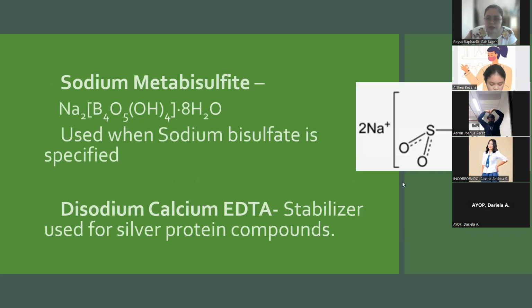Okay? Sige. And then we have sodium metabisulfite, or sodium bisulfite, the sulfite class. So what is this for? Sodium metabisulfite, this was mentioned last time, is an antioxidant. A water-soluble antioxidant. What is the use of an antioxidant? Why do we use that? What are our antioxidants for? I said this last time.